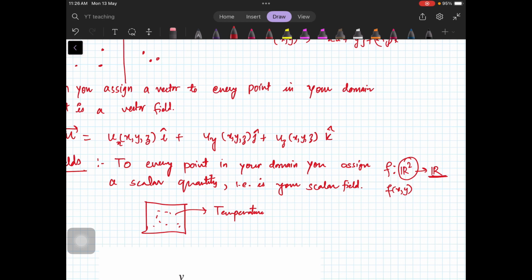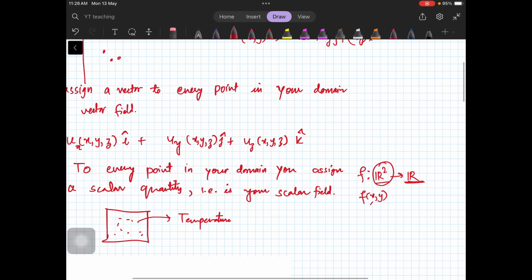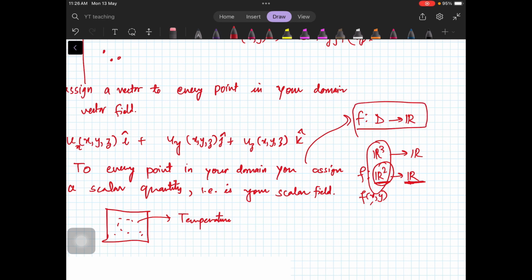It can be a complex number also, but right now we will deal just with real numbers. So to every point in your domain you are assigning a real number. So this will always go from R2 to R or R3 to R, wherever you are. Your scalar field is a function from your domain to the set of real numbers. This you have to understand.